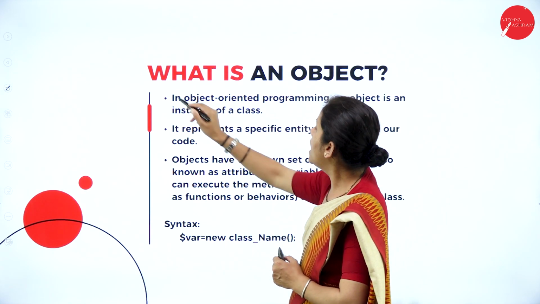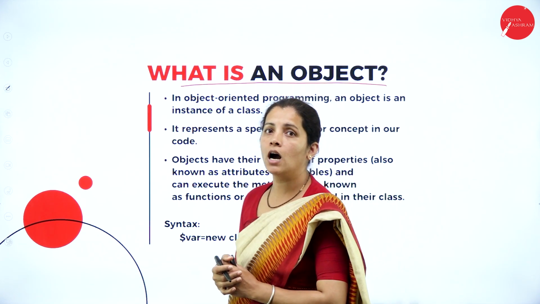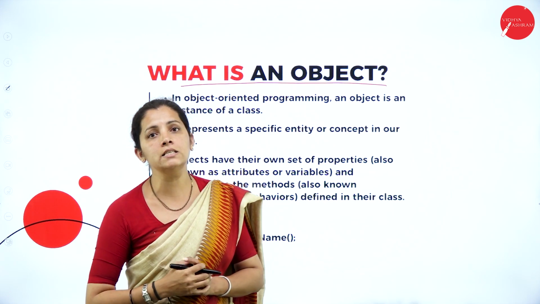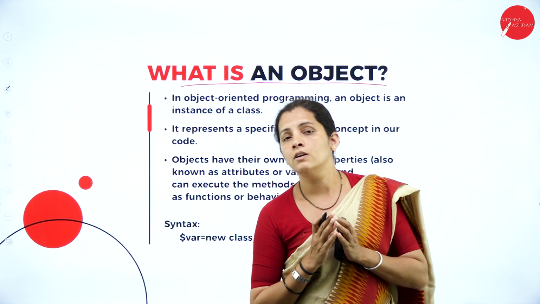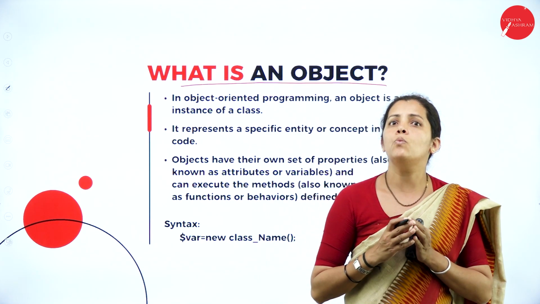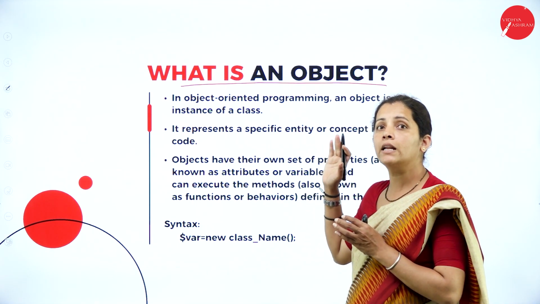Now, what is an object? Till now, we discussed how we can create a class. To create a class in PHP, I'm using the keyword called class. Now, what is an object? An object is nothing but an instance of a class.